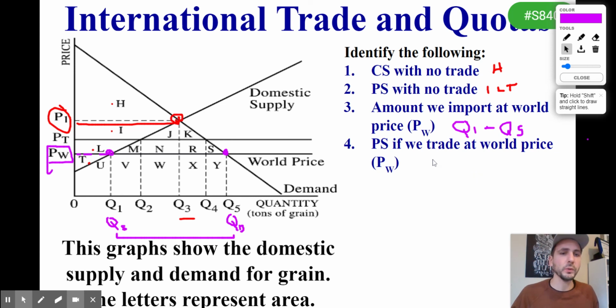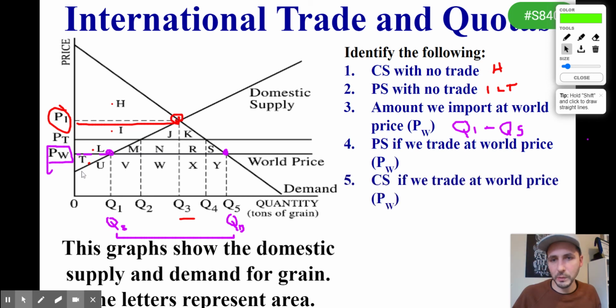Okay, what is our producer surplus if we trade at this point? If we're trading at this point, my producer surplus is going to be above supply, below my functional price, which is world price. So it's just going to be T. What about consumer surplus? I answered this right at the beginning. Consumer surplus is below demand, above my new price.